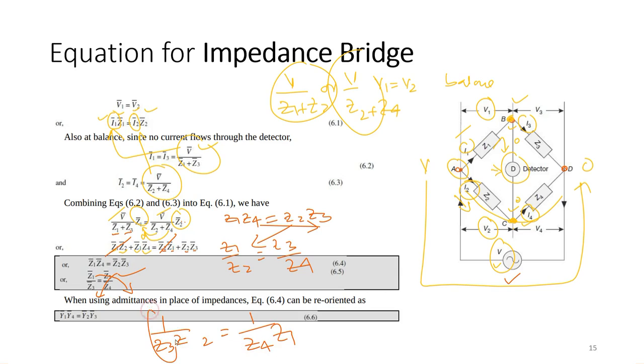Now 1 over Z is Y, so 1 over Z3 is Y3, 1 over Z2 is Y2, equal to Y1 Y4.